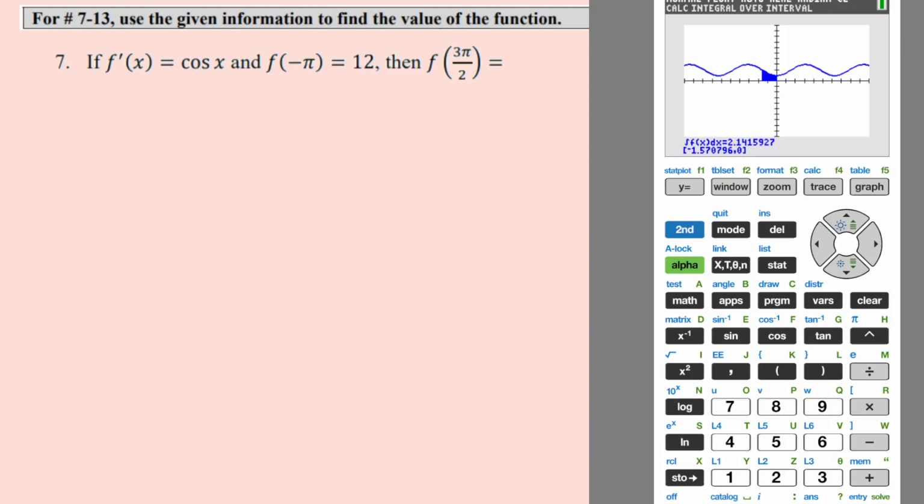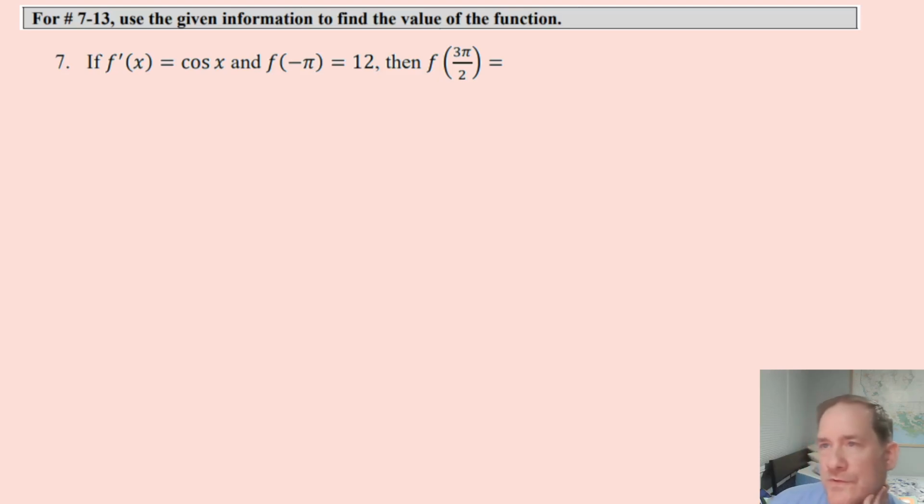Okay, so this one says if the derivative of some function f is cosine and f of negative pi is 12, then f of 3 pi over 2 equals, well, I don't know.